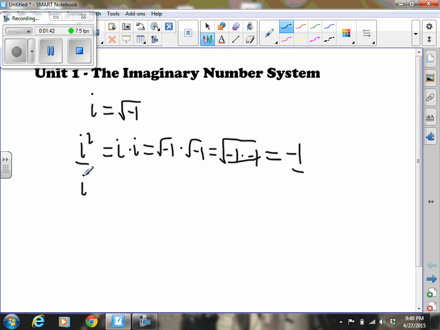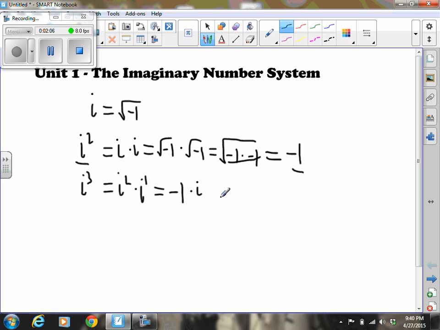Now, if we keep exploring this pattern, and we move on to i to the third, we think about i to the third as i to the second times i to the first. We use the definitions that we've already derived, which would give me -1 times i.